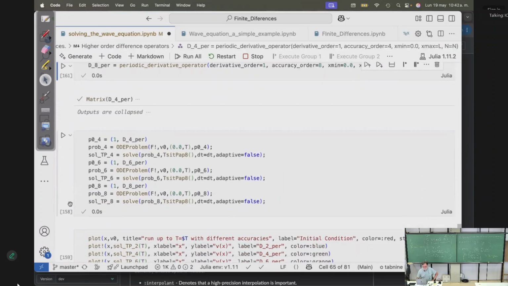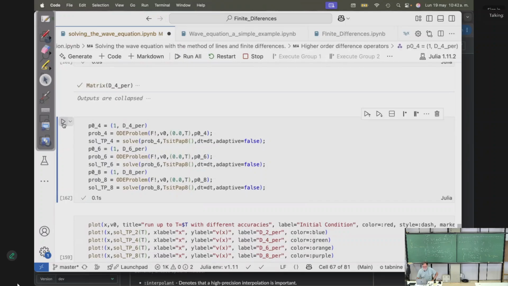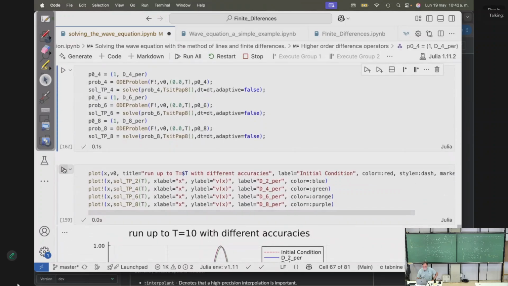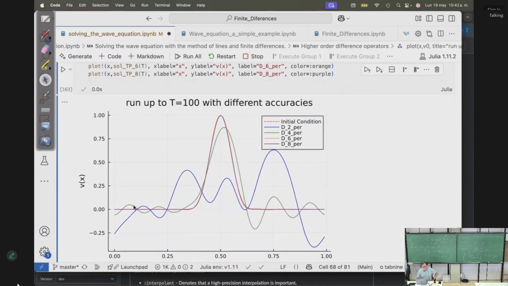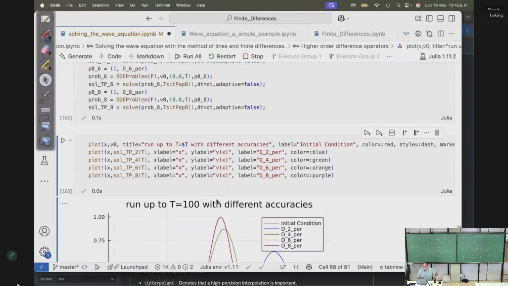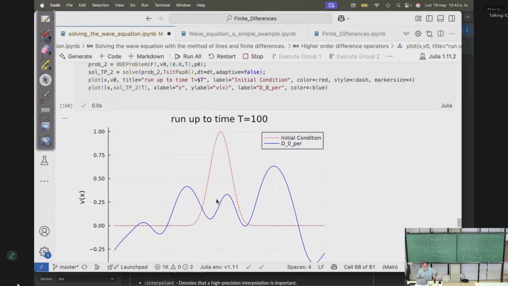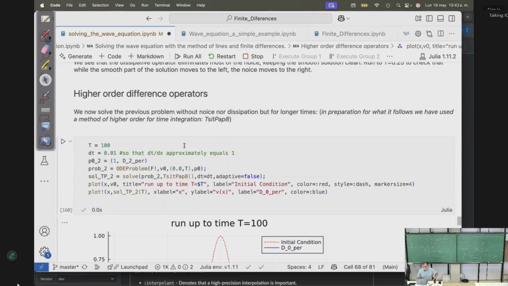This I don't have to change, and you see for 100 already the D4 is quite deformed, but the other ones, the D6 and D8 are still very good. And if you want to distinguish them further, you can run to 1,000, say.